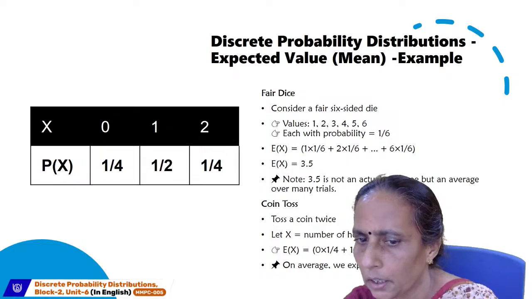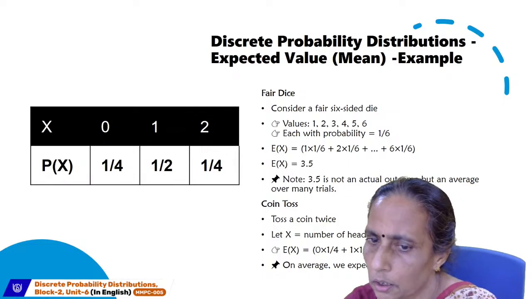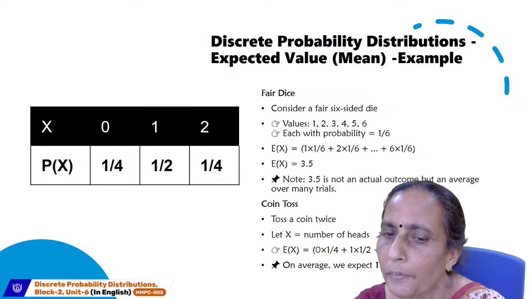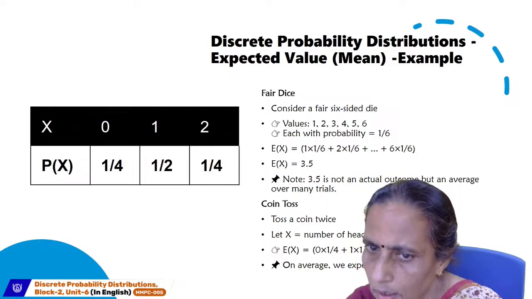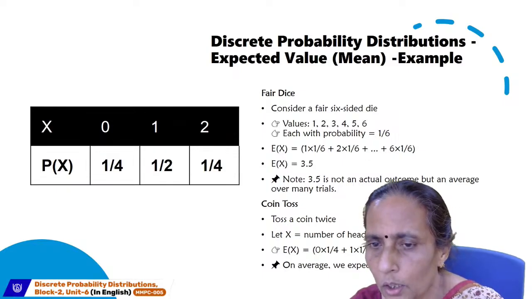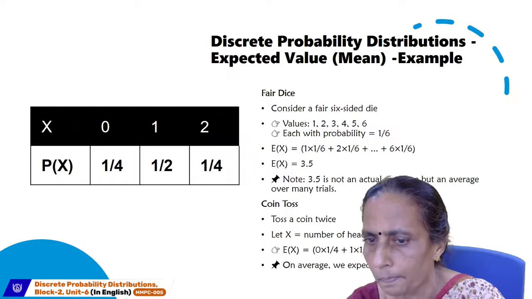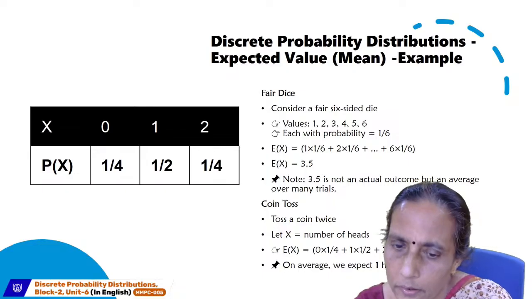So expectation of x is 3.5. This 3.5 is not an actual outcome, since the die faces are whole numbers, but it is an average over many trials.